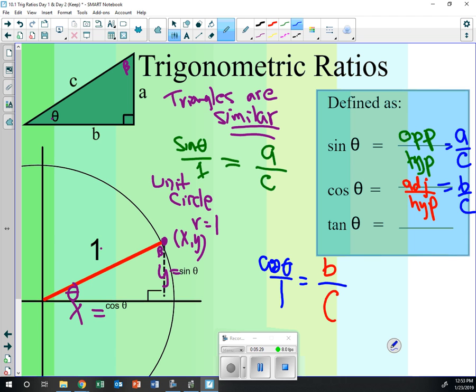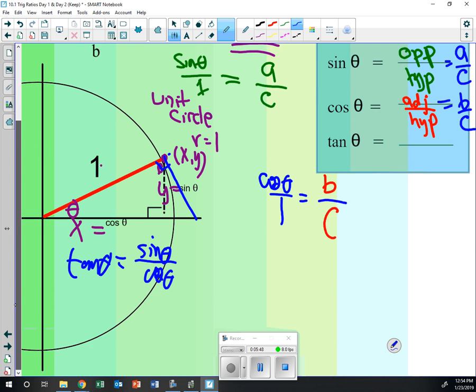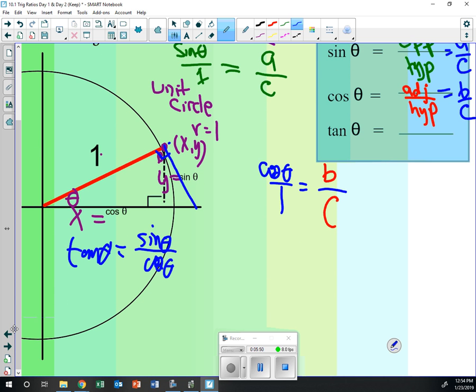And then the last one, tangent, is the skimmer. It skims the edge of this triangle like that. And by definition, the tangent, and we'll actually prove this later, is sine of theta over the cosine of theta.